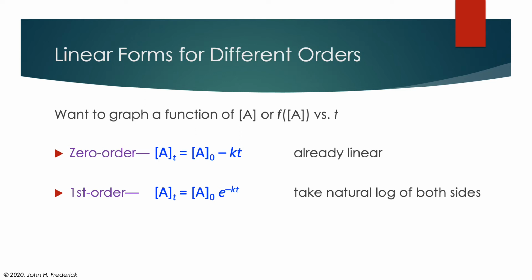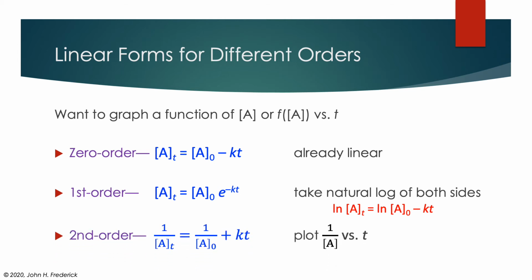And I'm not going to go through the mathematical details of this, but the result would be that I would have the log of the concentration at time t is equal to the log of the initial concentration minus kt. So now this is a linear function in time. What I'm looking for is something that's got just k times time in this equation, and it's related to a function of the concentration of the reactant A.